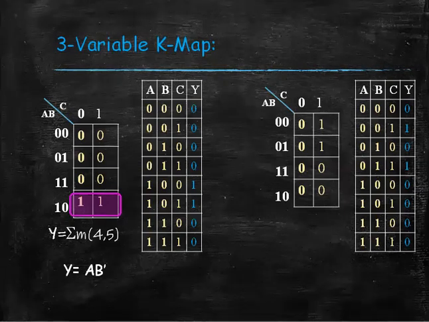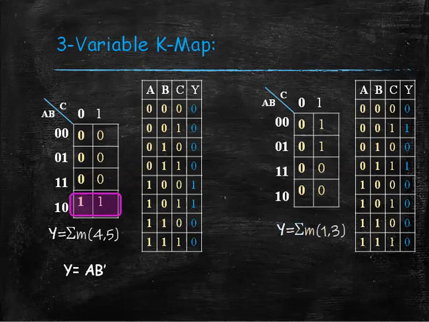Then we get the truth table and also the canonical SOP form. And to minimize the K-map, we can pair the two ones in the vertical direction.